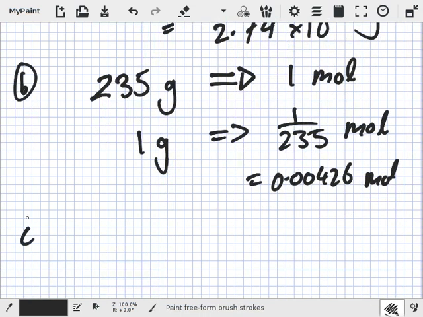Is it the same if I use AMU and convert AMU to kg? No, I mean, are they the same or are they different? Convert the AMU to kg using the value given in this one, the 235 grams?